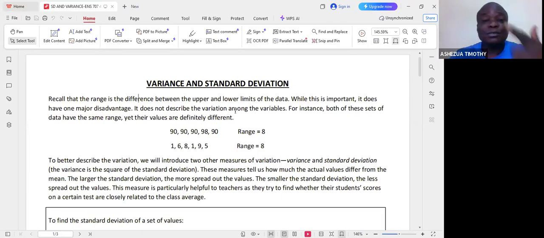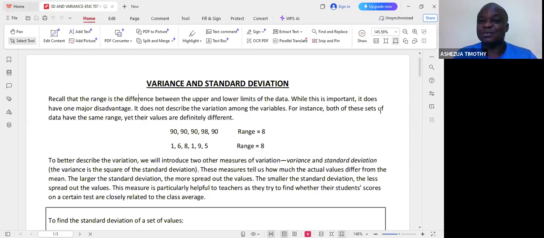I'm trying to tell you how we're coming into variance and standard deviation. It is the shortcoming of range that gave rise to variance and standard deviation. That's what I'm just trying to tell you.